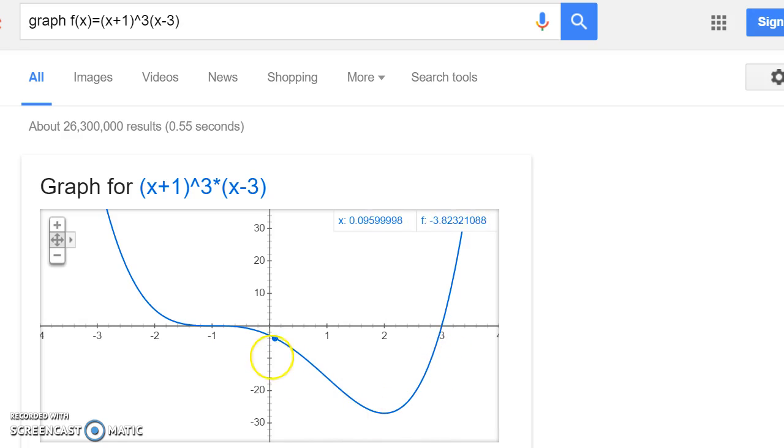And let's talk about what's happening near those zeros. Notice the function looks like minus x cubed, a cubic function with a negative leading coefficient, around this zero. And here the function is going through almost straight, with a very steep slope. So it does exactly what we thought.